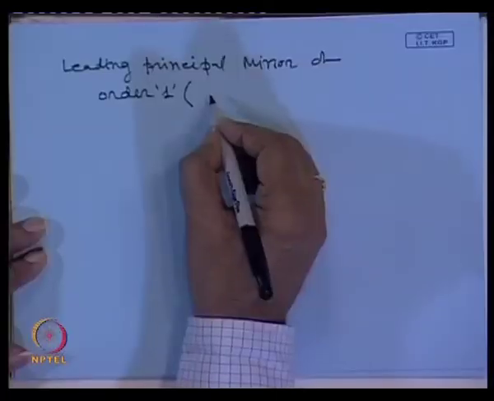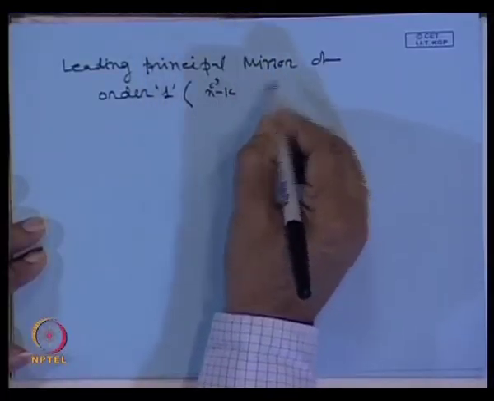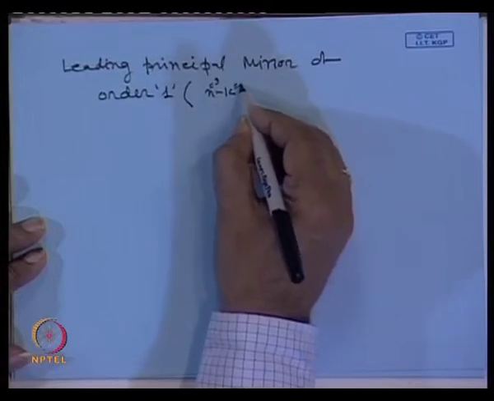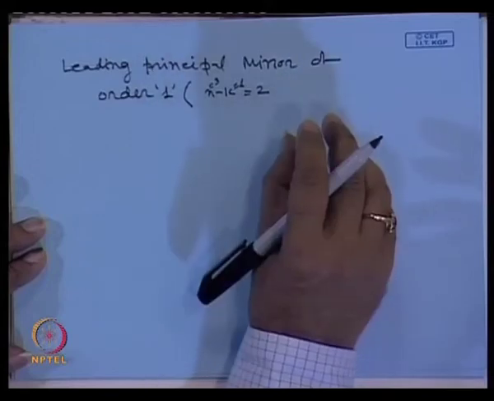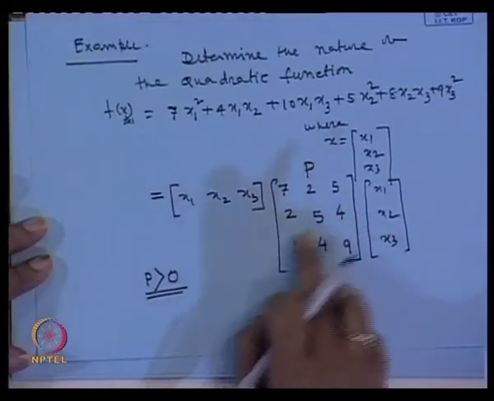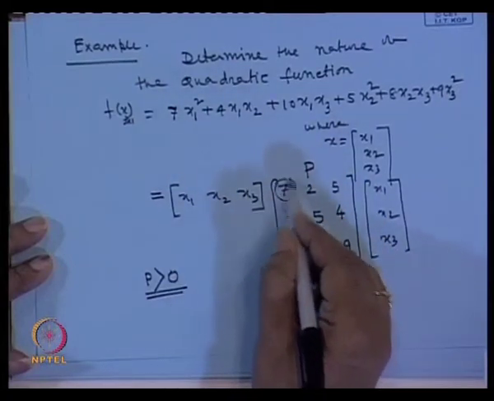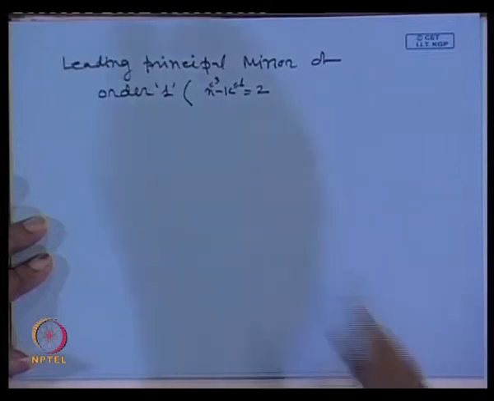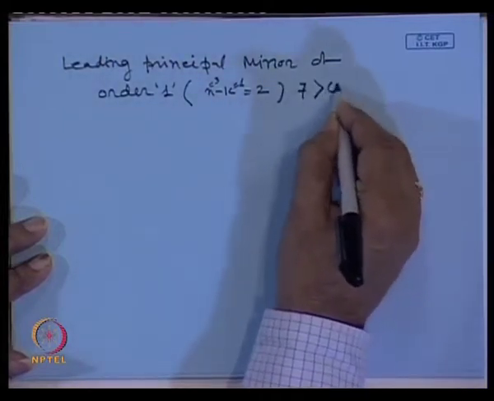You see I have written n minus k, n is equal to 3 and the order k is 1. So, I have to delete 2 rows and 2 columns from the last, so only this element is left. So, that is 7, and that is greater than 0.